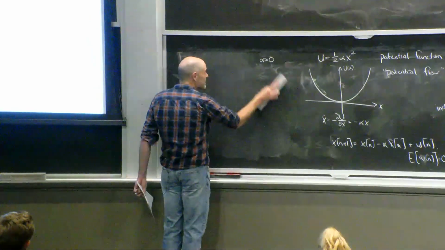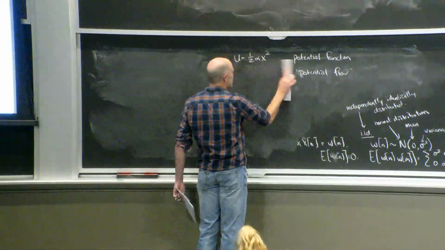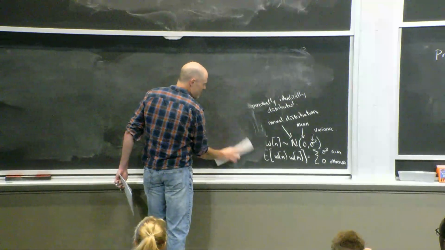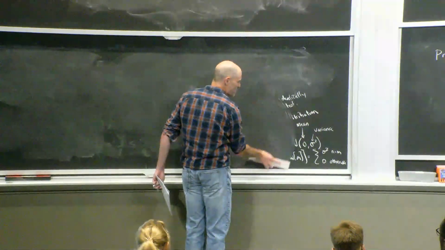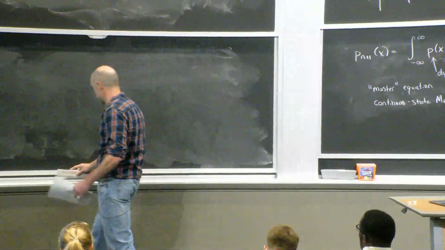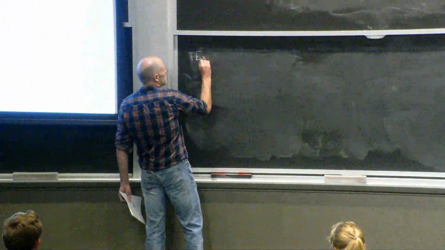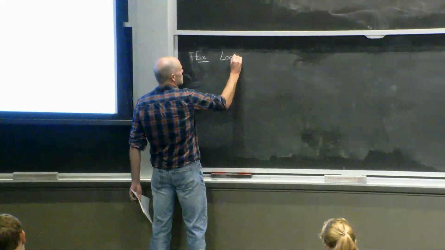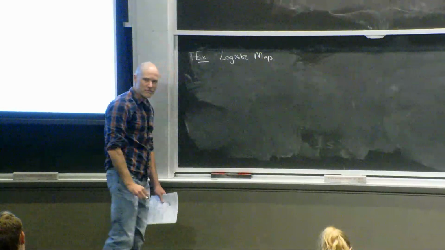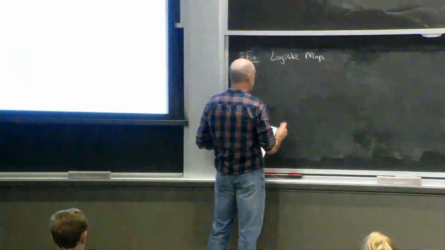You take a chaotic dynamical system that's deterministic but just crazy, and you give it random initial conditions, and you get these beautiful distributions flying through. Okay, so here's another example. Logistic map, tent map. People know this by various different names. The equations are simple.